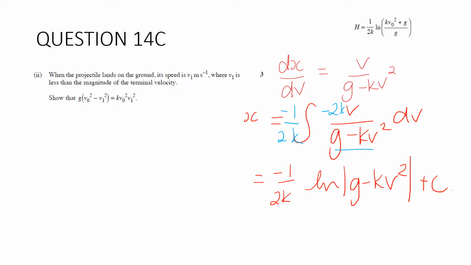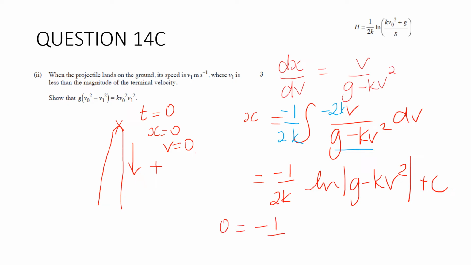Now remember, we've started a new system here. We're up the top, and downwards is positive. Here we have t is equal to 0. We'll say x is equal to 0 and v is equal to 0. And so 0 is equal to negative 1 on 2k ln g plus c.